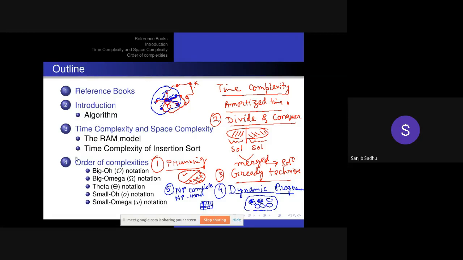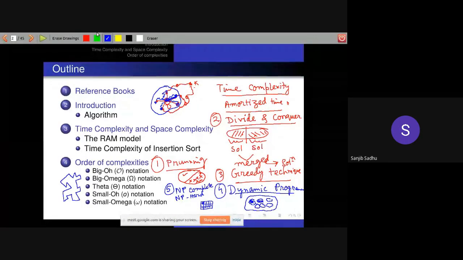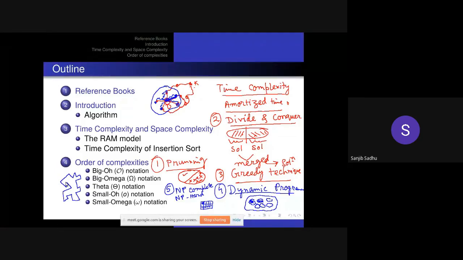For example, suppose this is a polygon. Now if I would like to illuminate the polygon using a bulb, the bulb has 360-degree vision.